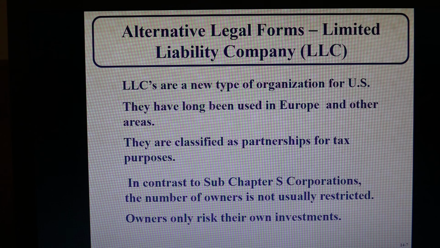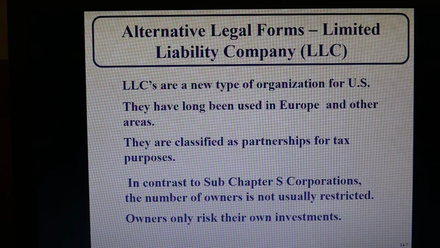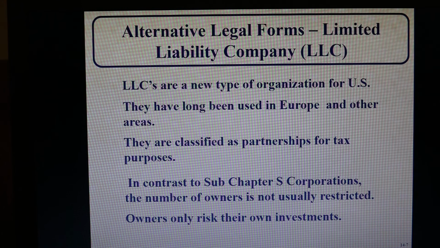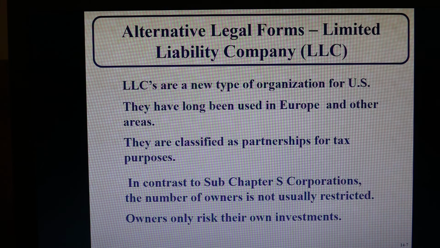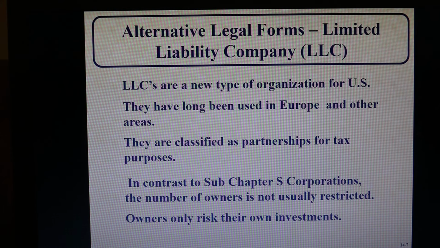A recent kind of business form that's becoming popular is called the limited liability company. And these are classified as partnerships for tax purposes.